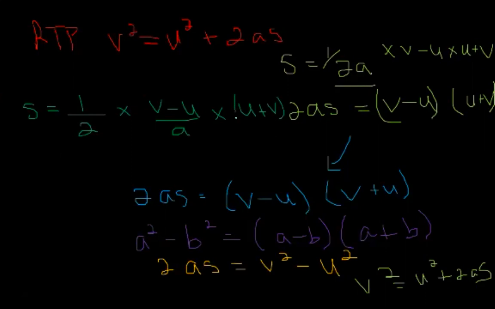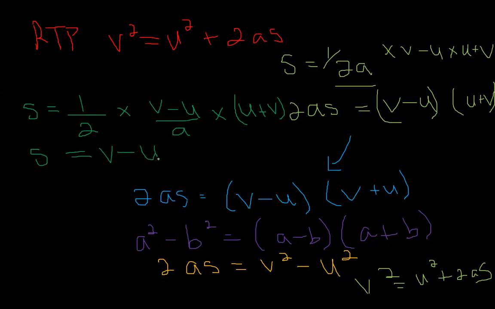And just put brackets. Multiplying two fractions, 1 multiplied by v minus u is v minus u, and 2 multiplied by a is 2a.